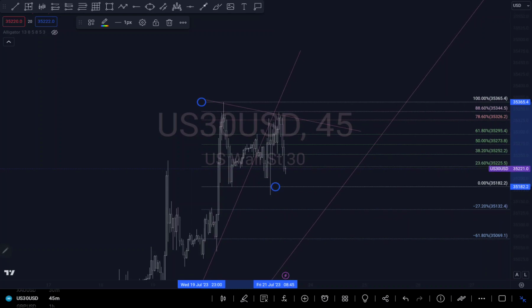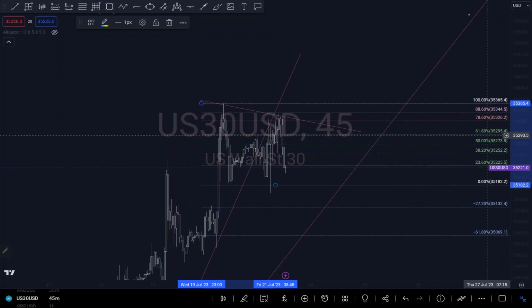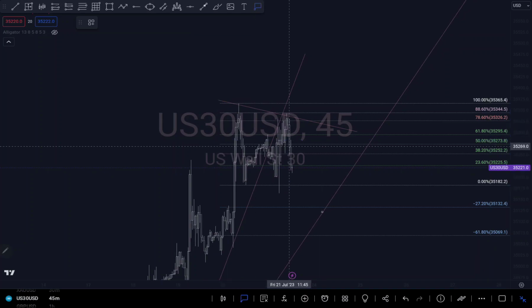Based on my fib, what am I expecting? I'm expecting it to get down a little bit more. If you've been watching my analysis, my first targets are always my negative 27% fib level. So this is my target right here.